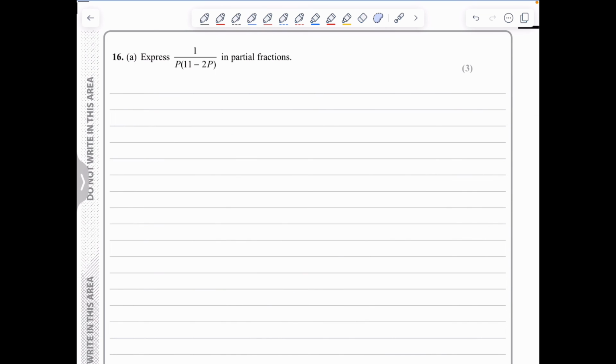In 16, the very first part is asking us to express 1 over p(11 minus 2p) in partial fractions. We already have the denominator factorized, so the partial fraction form should be something like a over p plus b over 11 minus 2p, for a and b being constants to be found. Well, this leads to 1 is a times (11 minus 2p) plus bp, and this holds true for all values of p.